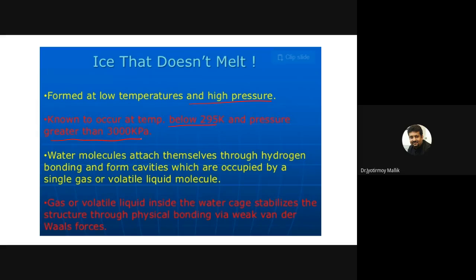Water molecules attach themselves through hydrogen bonding and form cavities which are occupied by a single gas or volatile liquid molecule. The gas or volatile liquid inside the water cage stabilizes the structure through physical bonding via weak van der Waals forces. Okay? So that is the mechanics by which the gas molecules attach themselves to the ice structure.